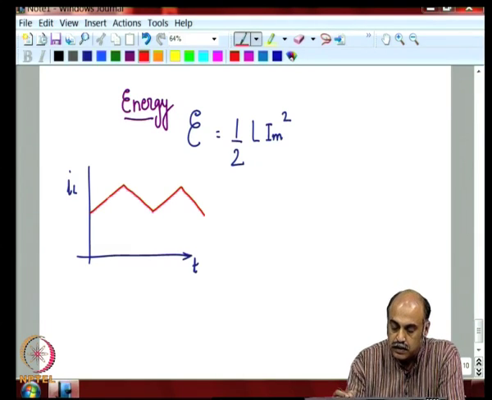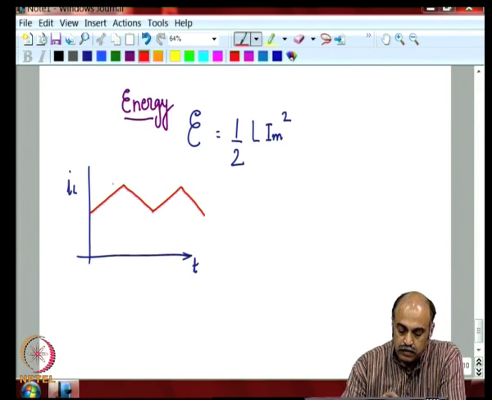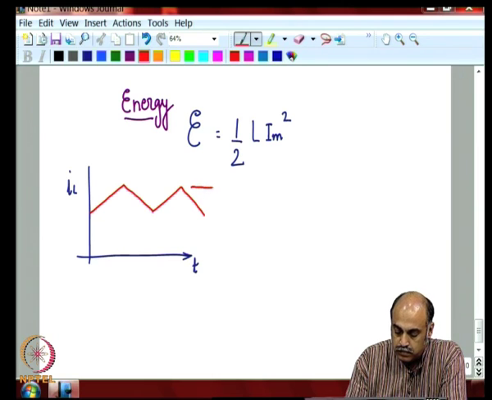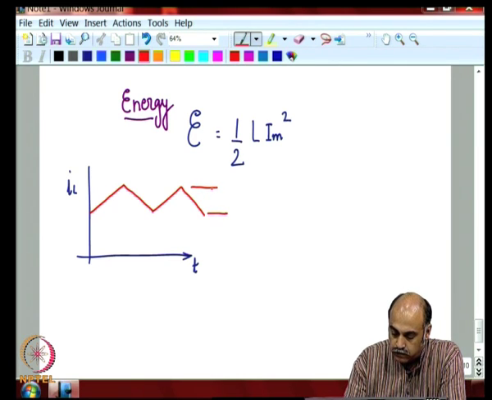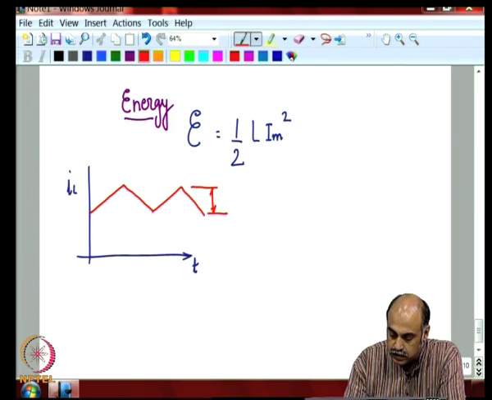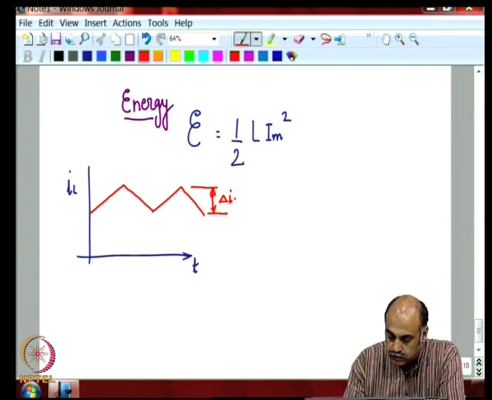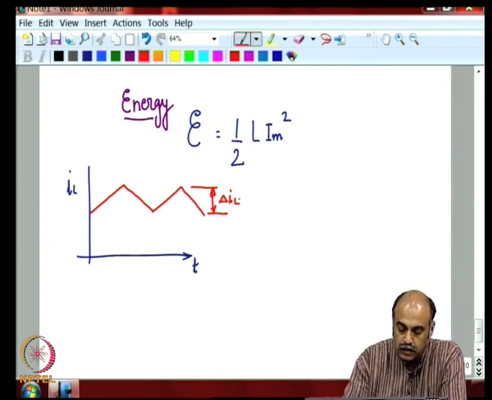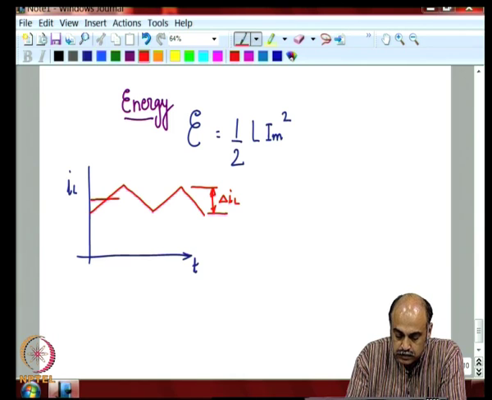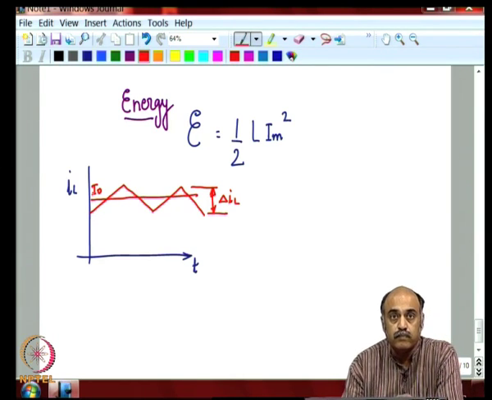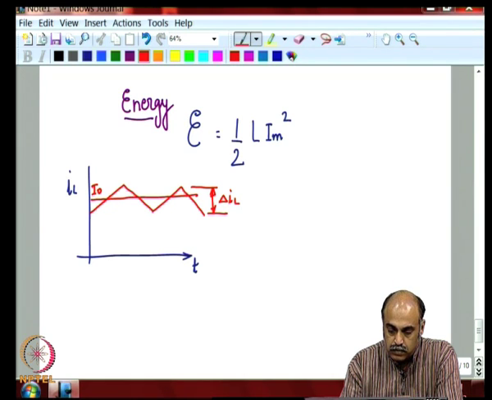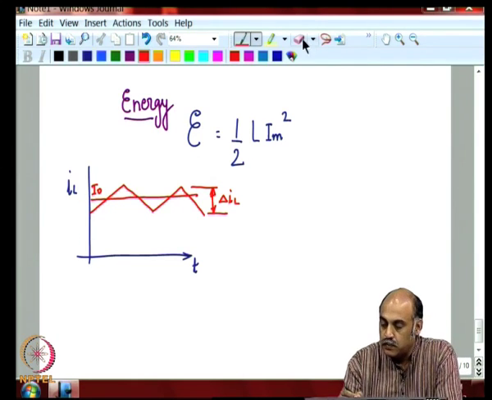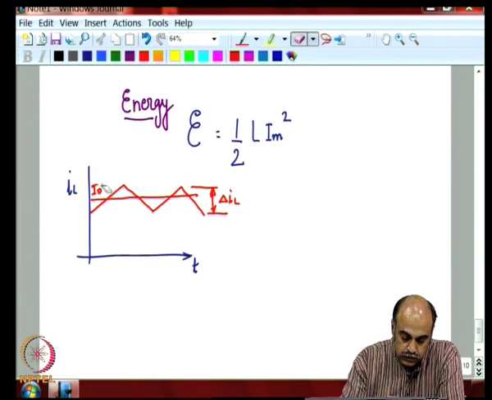So, the current rises during dT and falls during 1 minus d T, and this is delta I L, and let us say this is most of the time I naught if it is a buck converter, and if it is a boost converter, it will be I in. So, let us say this is the average value.